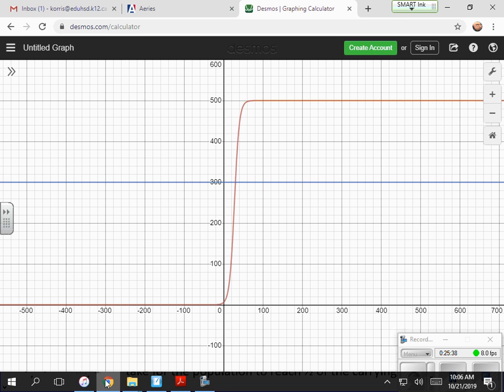And then it starts growing really fast, and then levels off at 500, because as we start getting larger and larger values, remember the denominator becomes really small. It becomes close to 1. And I actually graphed 300 so I can find the point of intersection. So 300 birds in 29.7 years, approximately.